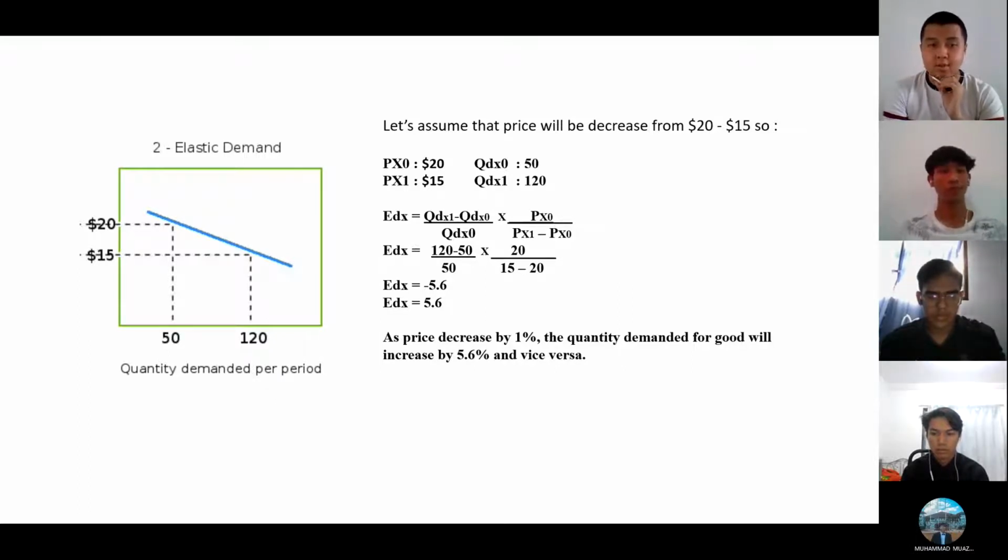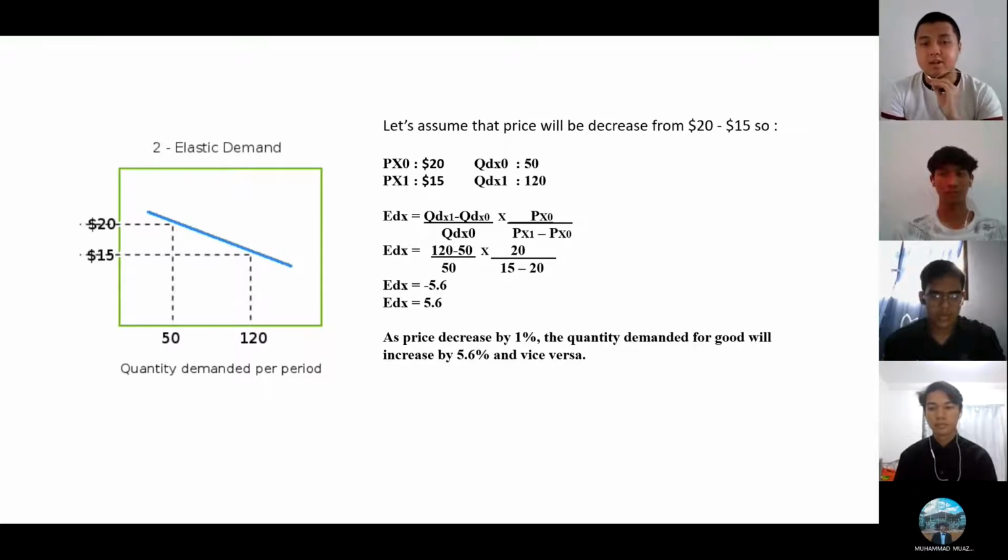Same as before, using the elasticity formula, new quantity demanded 120 minus old quantity demanded 50, divided by old quantity demanded 50, times old price 20, divided by new price 15 minus old price 20. So we get a price elasticity of negative 5.6, and same, just ignore the negative figure, we get 5.6.